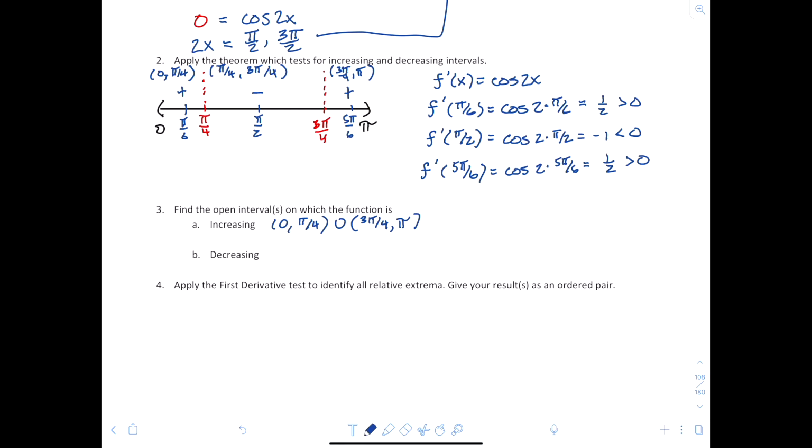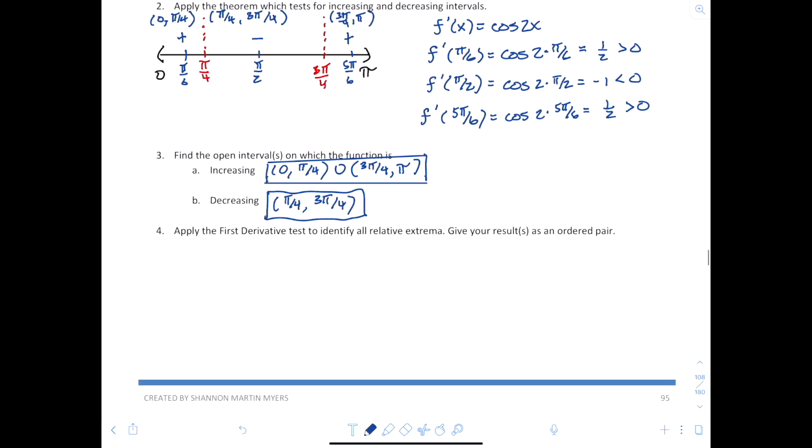And decreasing was from pi over 4 to 3 pi over 4. Cool? All right, excellent. The first one was increasing and the second one was decreasing.